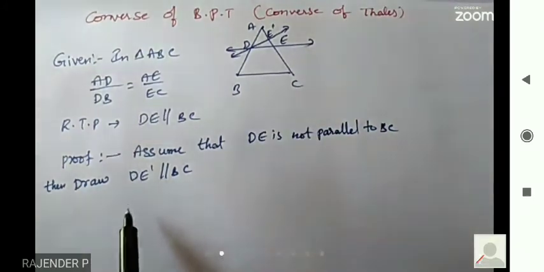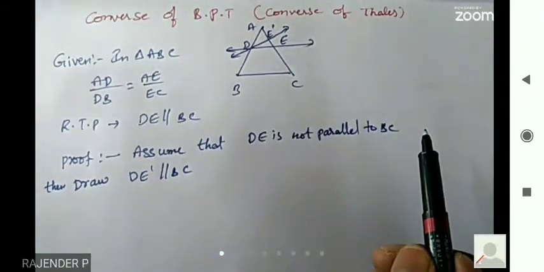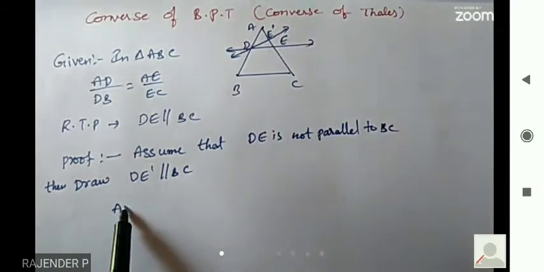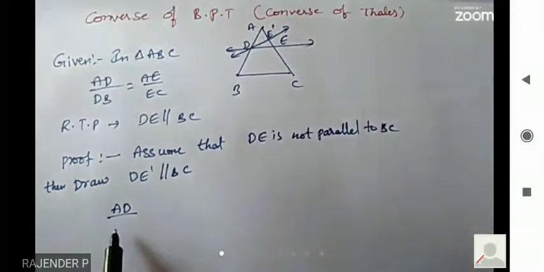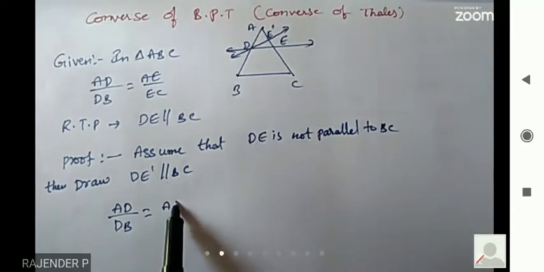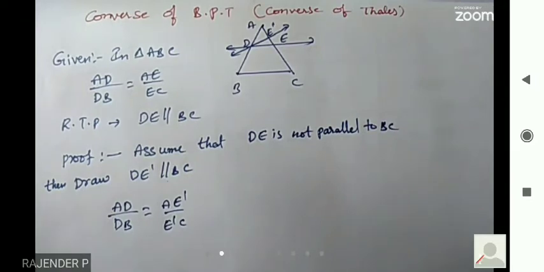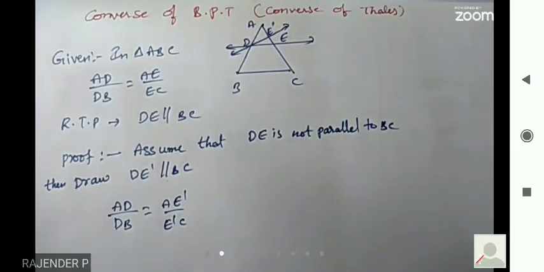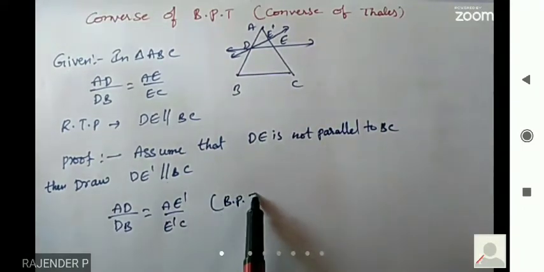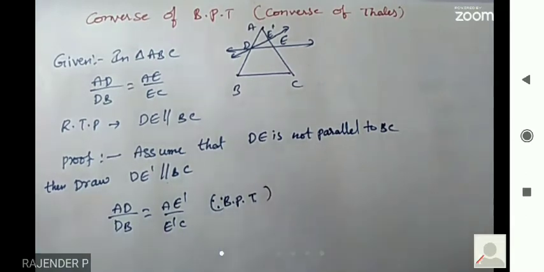When DE dash is parallel to BC, then we can write AD by DB is equal to AE dash by E dash C, since BPT theorem.